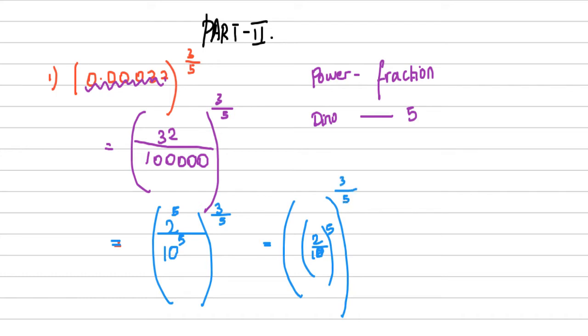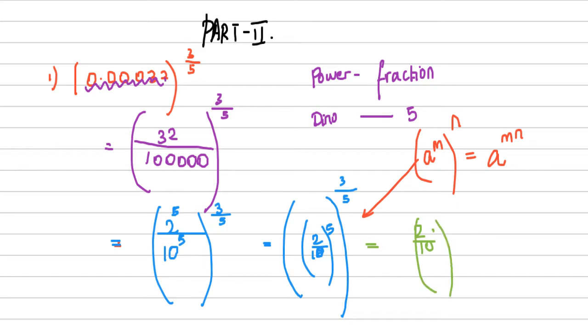This is what we have got right now, and we all know very well that a to the power m, whole power n, can be written as a to the power m times n. Now we use this identity here: we multiply the inside power and the outside power, 5 multiplied by 3 over 5.